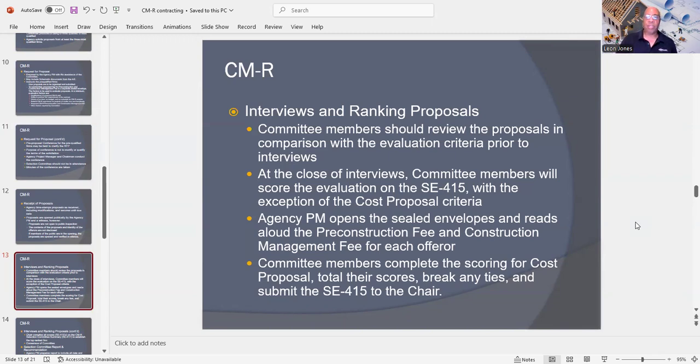Then the agency PM, which is the agency project manager, is going to open a sealed envelope and read aloud the pre-construction fee and construction management fee for each offerer. After that, the committee members complete the scoring for cost proposal by totaling their scores. They're going to break any ties and submit the SE 415 to the chair.